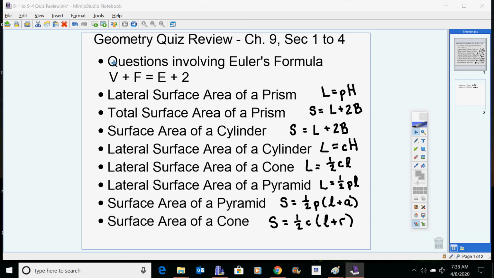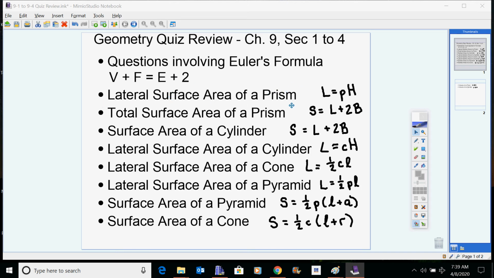Or if you're given a word problem where you're given vertices and faces, you should be able to find the number of edges. Or if you're given edges and vertices, you should be able to find the faces. If you're given any two of these variables, you should be able to find the third.